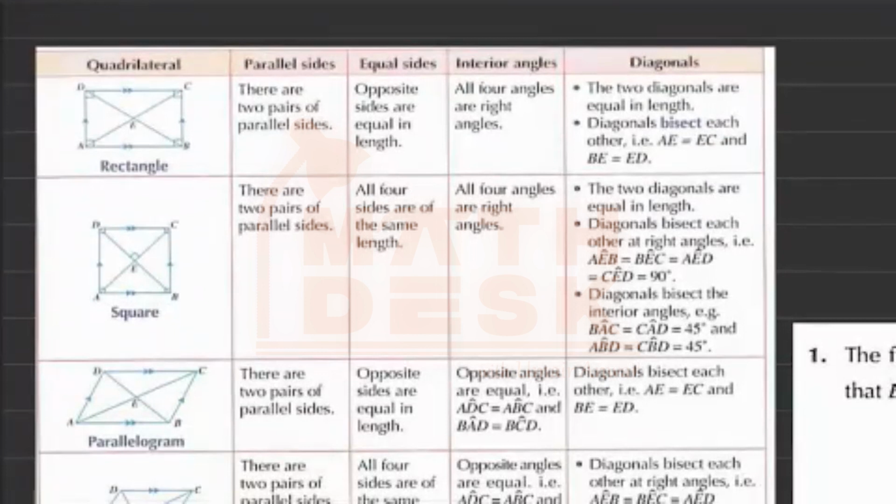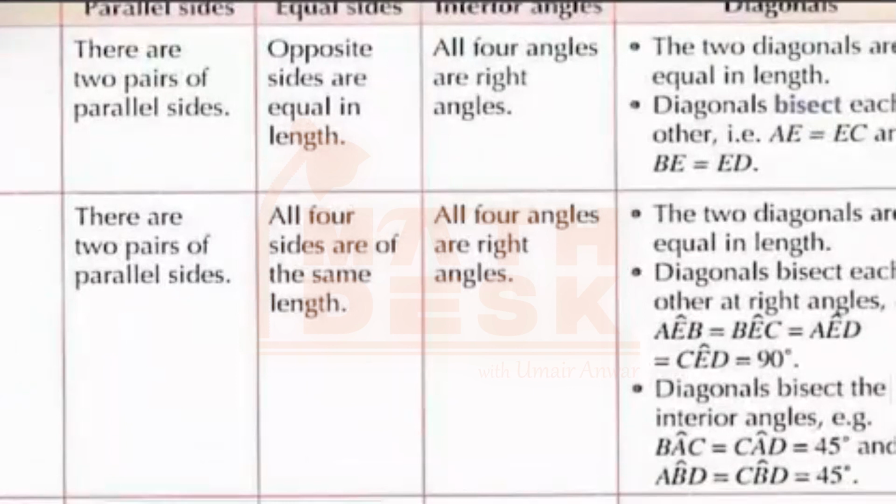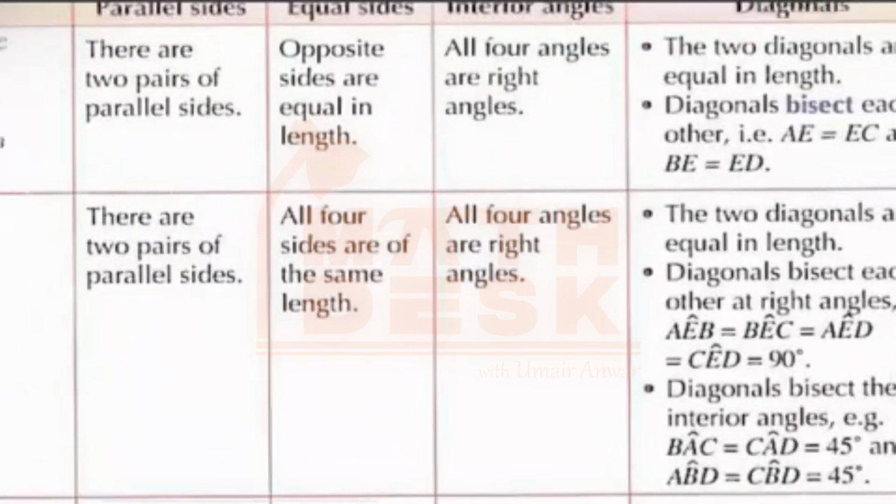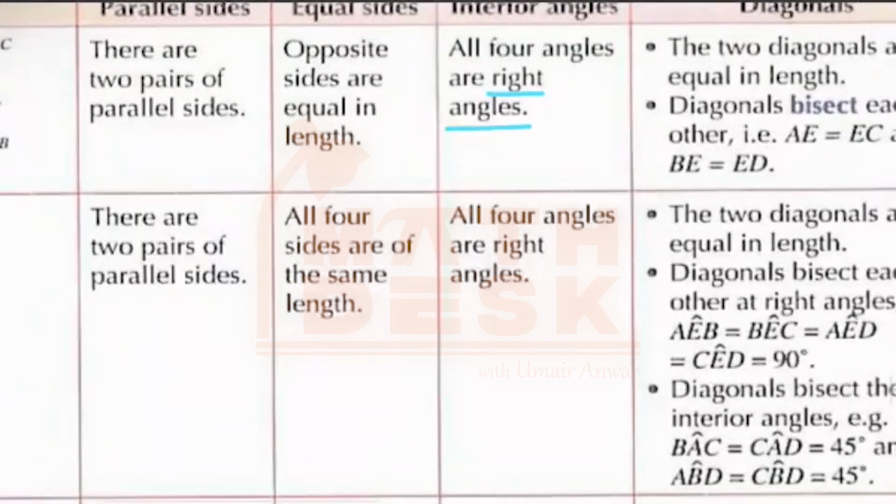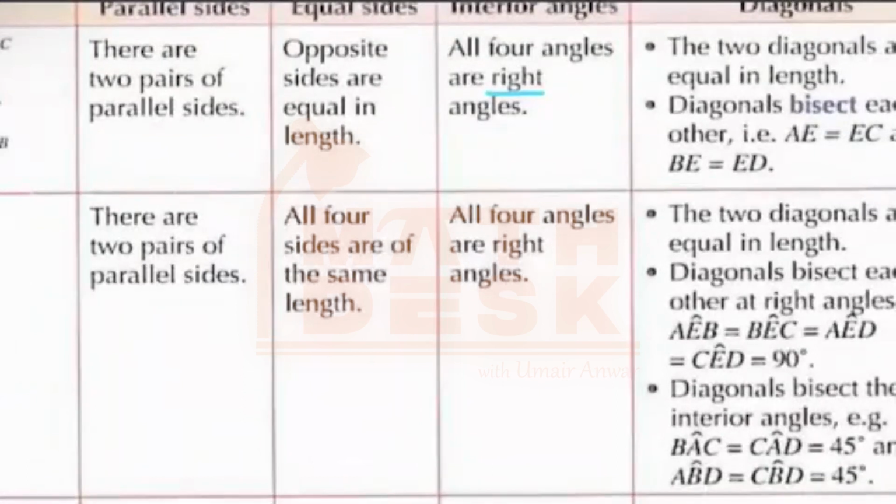Opposite sides are equal in length, and they have the same direction. An important thing to remember is that all the four angles in this quadrilateral are right angles. This is something very important about rectangles, which makes them different from other parallelograms, quadrilaterals.